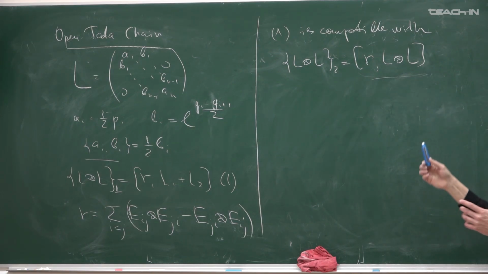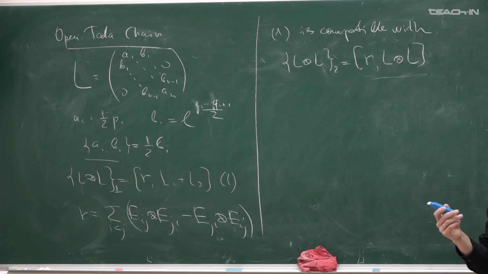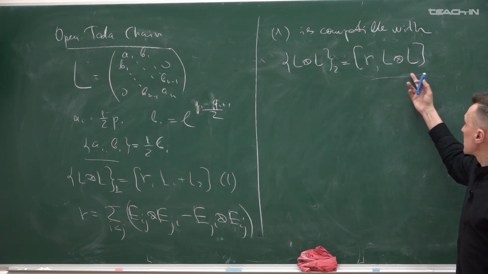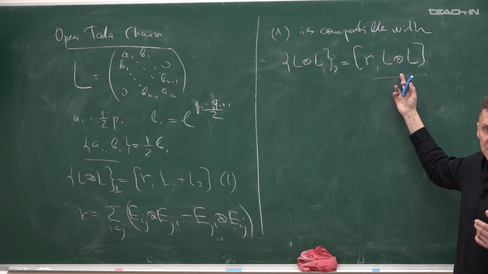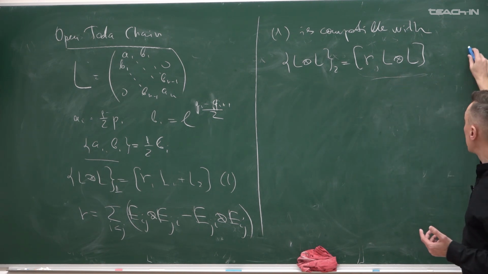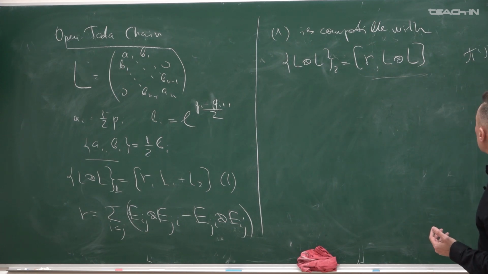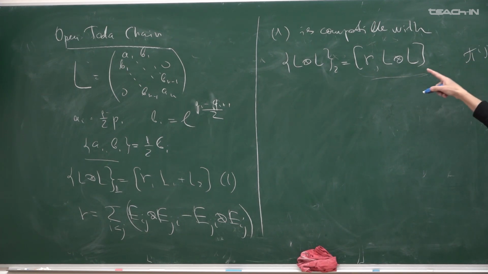In matrix form, we have the Poisson bracket between all coefficients of the Lax operator, and in terms of the coordinates of the Lax operator we get a quadratic expression. So the coefficients of the bivector, pi_ij, are now some quadratic expression in terms of L.